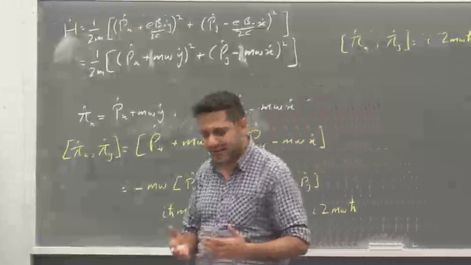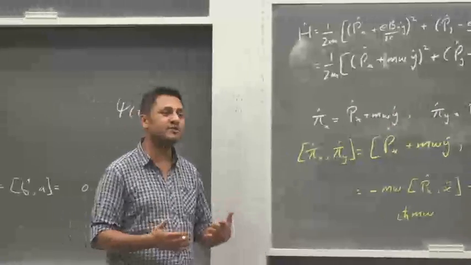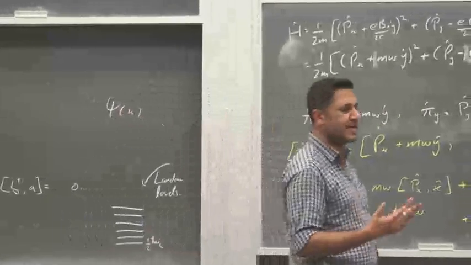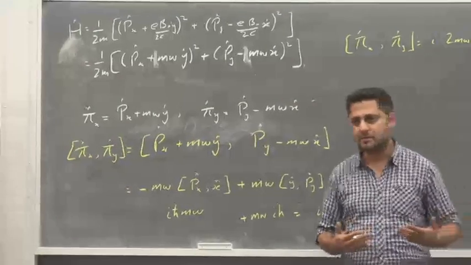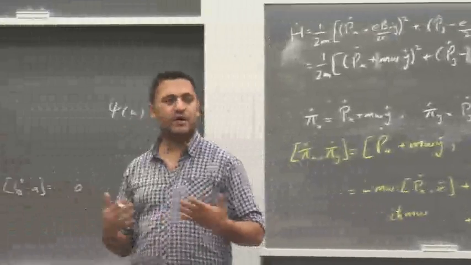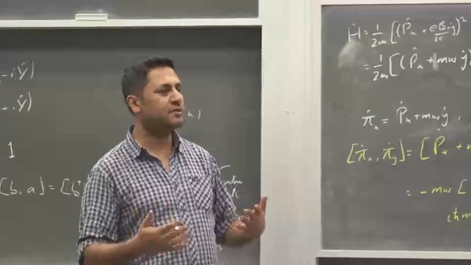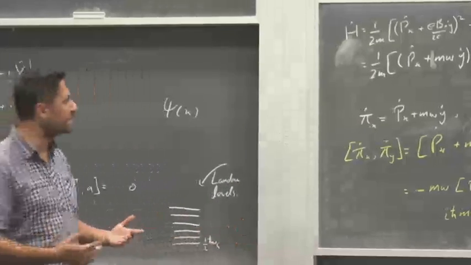If you know what X does to your wave function and what P does, you know what everything else does, because everything else is made up of X and P. If you have a two-dimensional system, you have to know what X, Y, Px and Py do to your states. That's what you want to know.